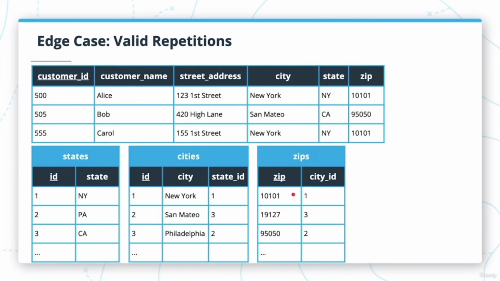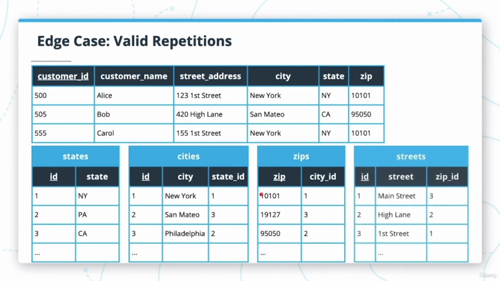You could imagine in a certain system that a zip code actually represents one street. So for example, Main Street could all have the same zip code. So Main Street in New York City in New York State could always be the zip code number 3, which is 19127, for example. So that would be something that's really possible in practice.